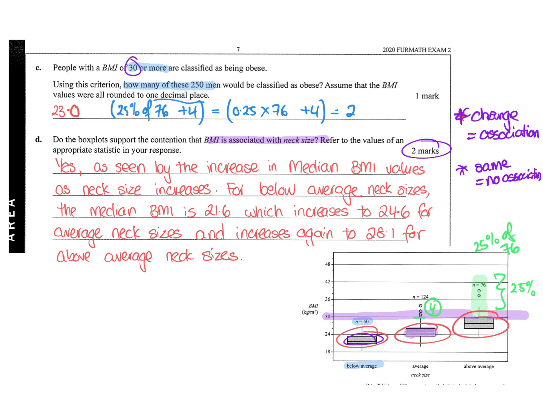So all you do is go, yes, as neck size goes up, median BMI goes up, with the below average neck size at 21.6, the average neck size 24.6, and the above average 28.1. You are looking for the stat and the response of changing.